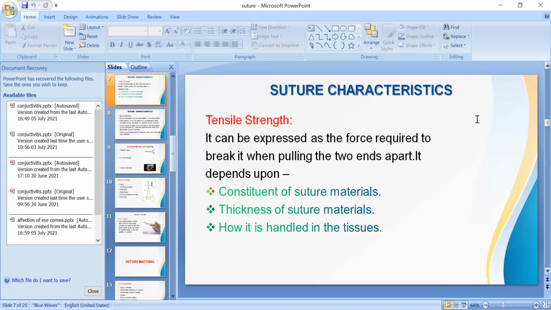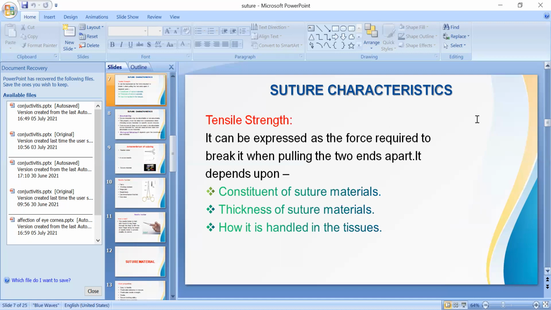What are the suture characteristics? Tensile strength can be expressed as the force required to break it when pulling the two ends apart.